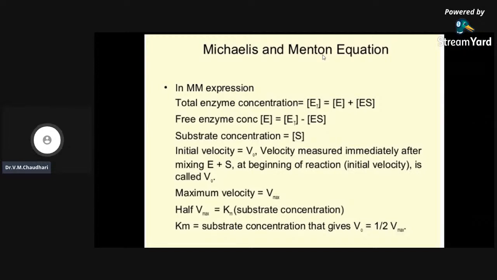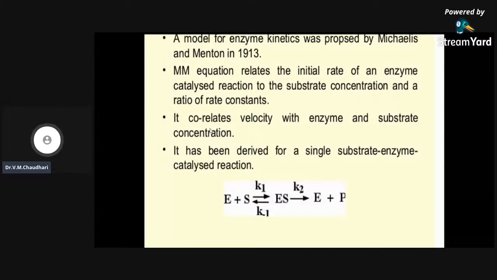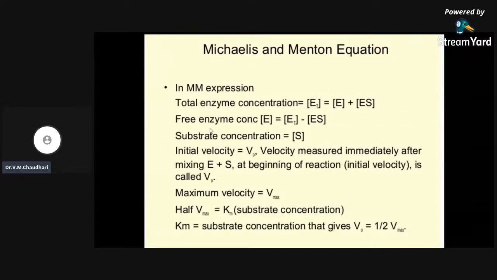Okay, Michaelis Menten equation. According to Michaelis Menten equation, you write down the total enzyme concentration. It is denoted by the term [ET]. E and T in the bracket, the square bracket is the concentration indicating bracket.